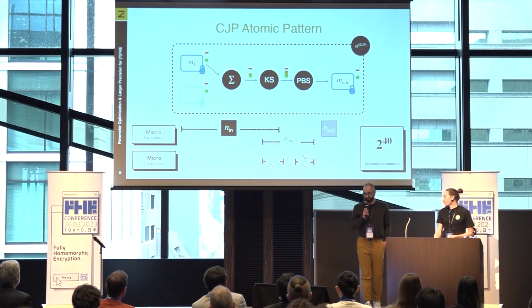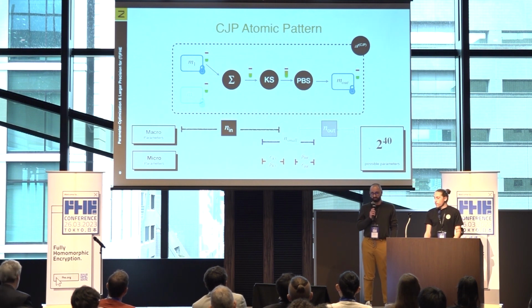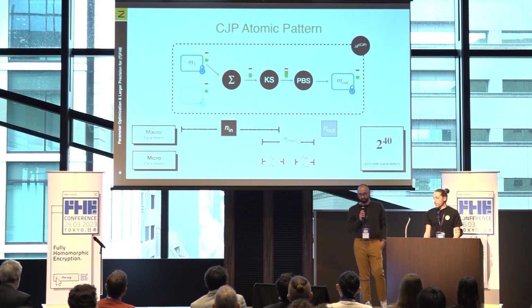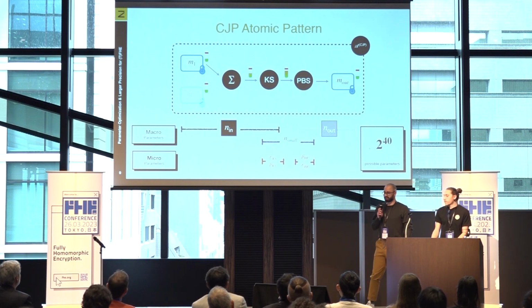Okay, so now that we have those three homomorphic operators, we can have a look at the FHE parameters. We distinguish between two classes, the macro ones and the micro ones. The macro ones live longer than the micro ones. So we'll start from the beginning. On the left, you have the input LWE ciphertexts. They come with an LWE dimension n_in, okay?